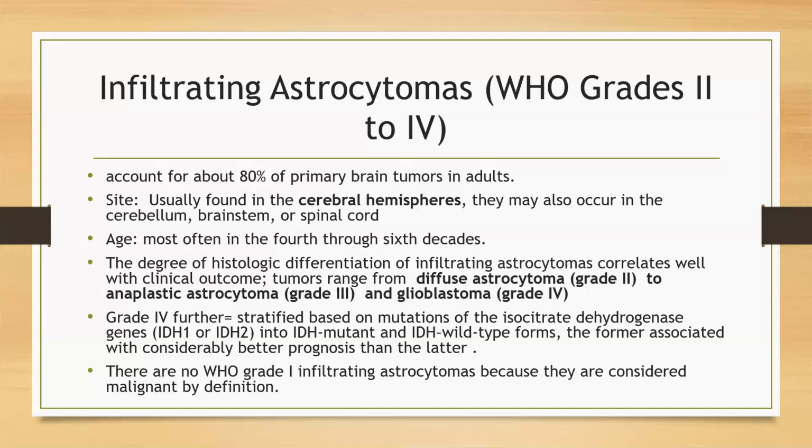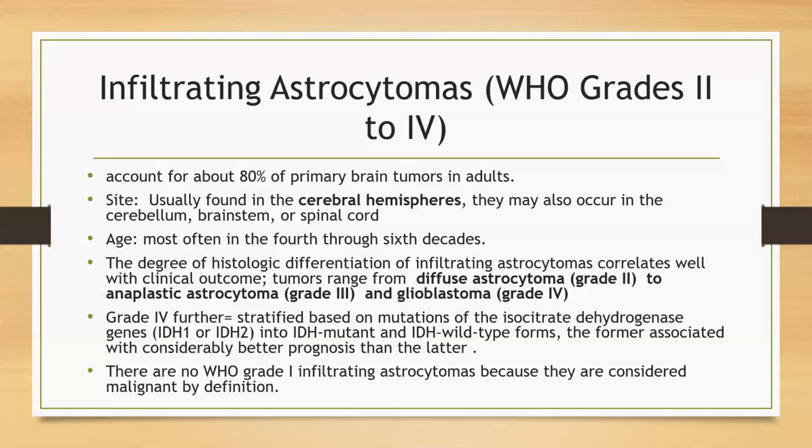Grade 4 is further stratified based on mutation of the isocitrate dehydrogenase gene, IDH1 or IDH2, into IDH mutant and IDH wild type forms. The former is associated with considerably better prognosis than the latter. IDH mutant has better prognosis than IDH wild type.